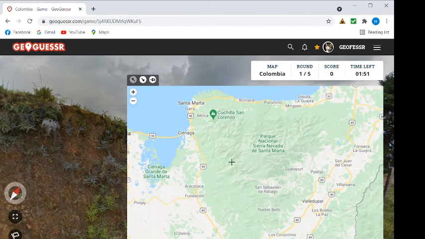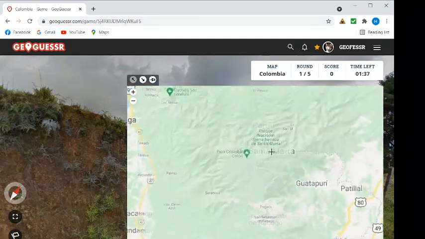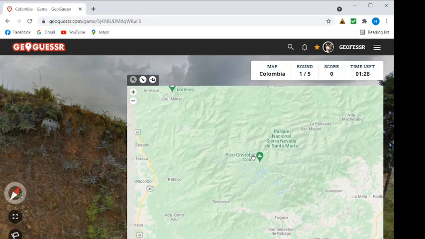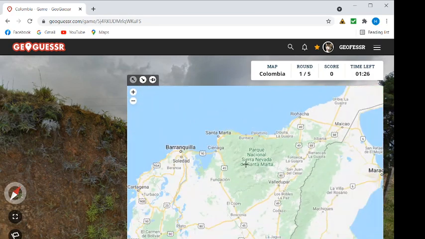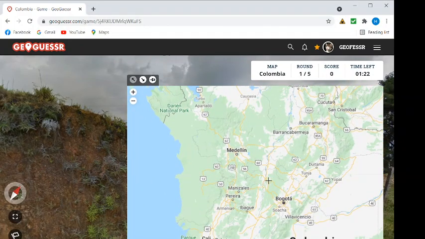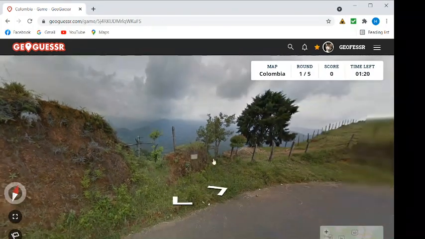An interesting thing is that this is one of the few areas where you can actually see a snow-capped mountain in a tropical environment from the sea. This north end of the Andes is in some areas very high. I think, yeah, here Pico Cristobal Colon is the highest point in this range, and as I remember, it's something like 5,700 meters. Okay. So I think it's down here.